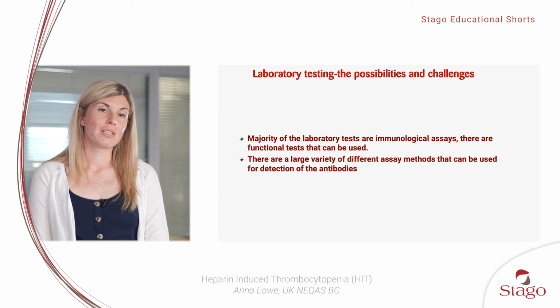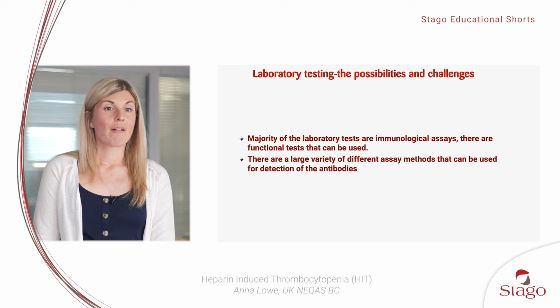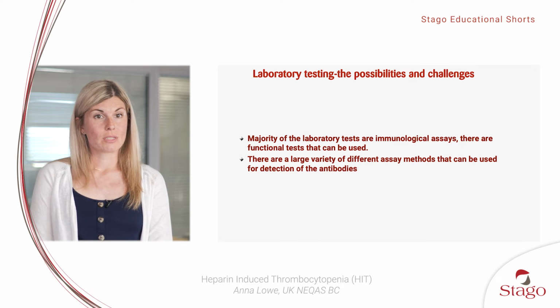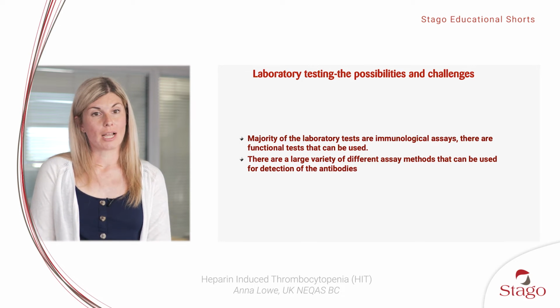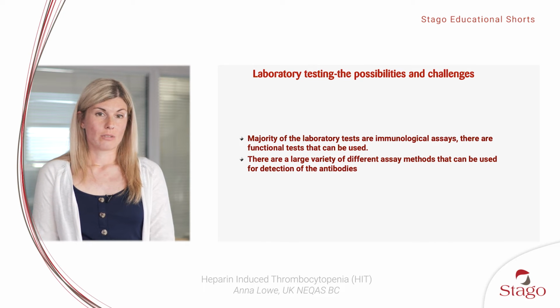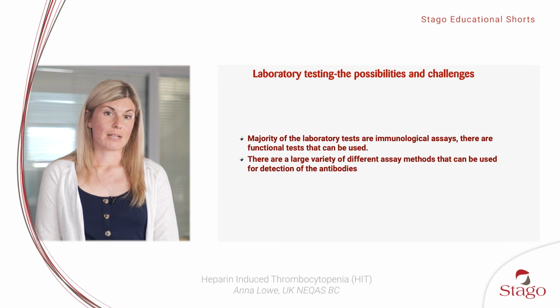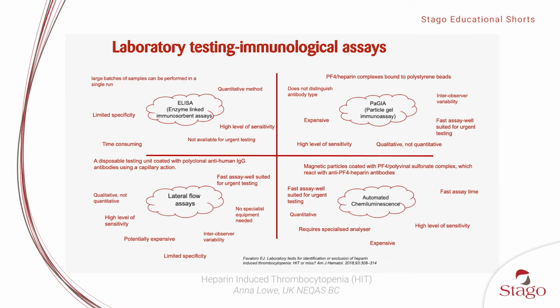Possibilities and challenges. The majority of the laboratory tests are immunological tests. There are functional tests that can be used, however these are very specialised and are only used in certain specific reference laboratories. Within the immunological assays, there's a very large variety of different assay methods that can be used. So these are the four main immunological assays.